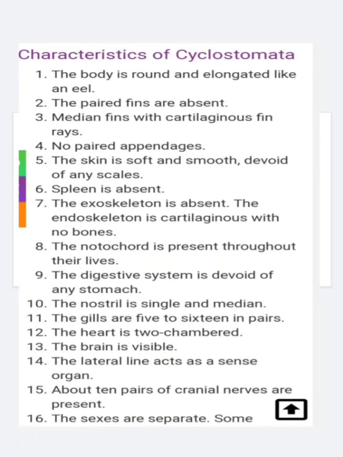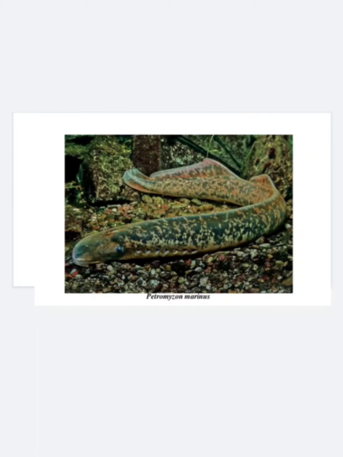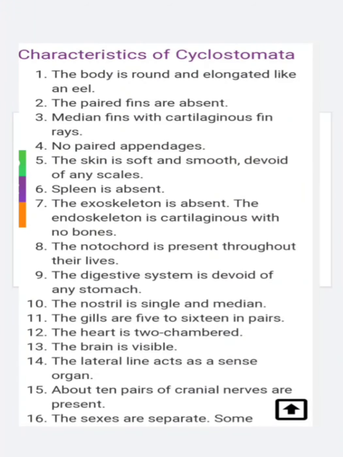In this picture we can observe the dorsal fin, the ventral fin, and also at the tail region another fin is present, that is the caudal fin. These three fins are called median fins or unpaired fins. So we can observe only the presence of median fins or unpaired fins in cyclostomes.